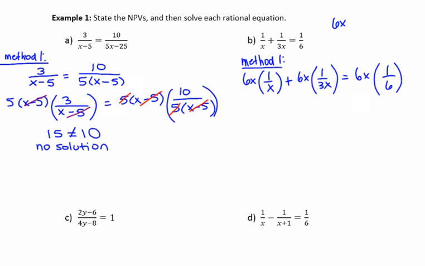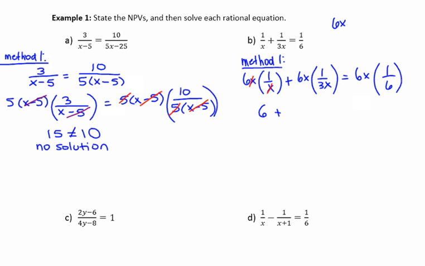Okay, so what cancels on this side here? The x's. So that gives us 6 times 1, or just 6. You're still writing? Sorry, slow down. Okay, 6x. What can reduce here? What can cancel first off?